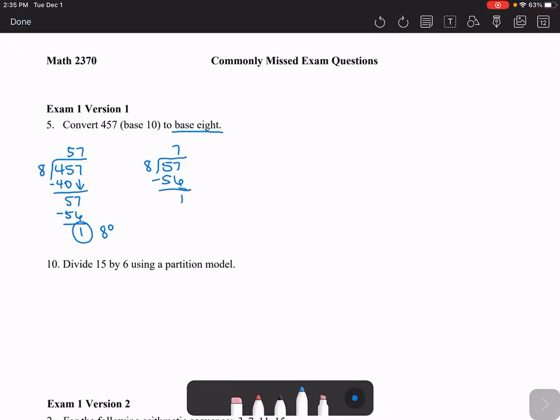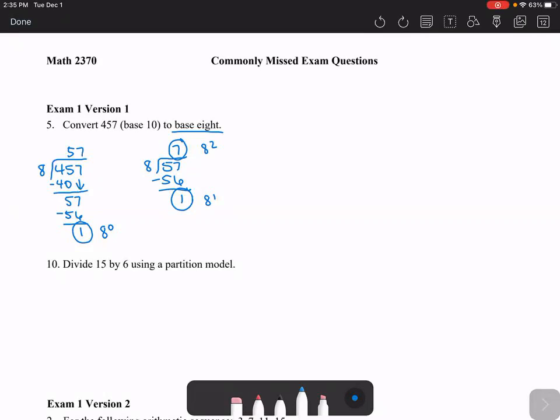And again, this next remainder is going to be in our 8 to the 1 place. Now our quotient is a 7, and that can't be divided by 8 anymore. So once we get a quotient smaller than 8, our quotient goes in the next biggest place, which is the 8 squared place.